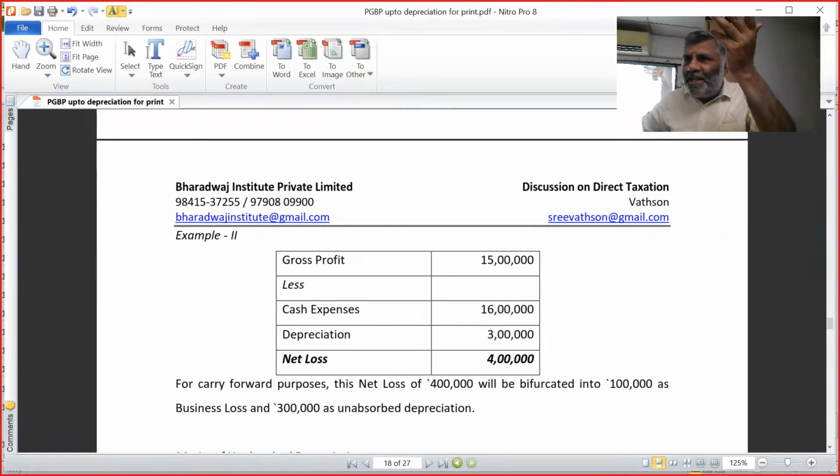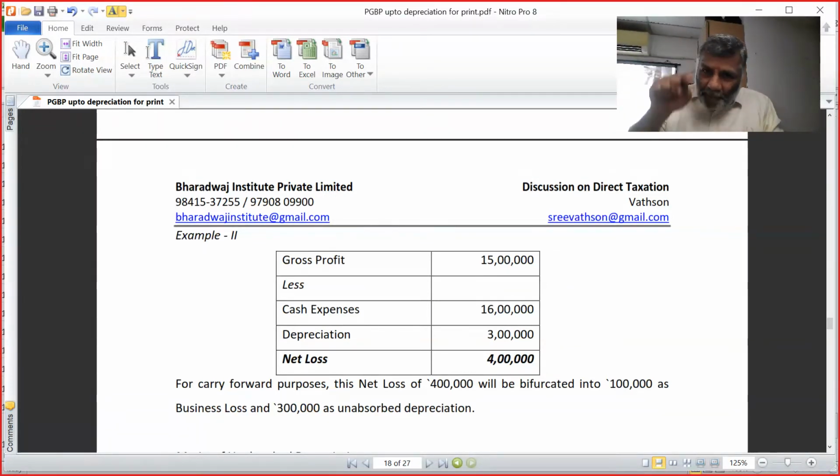Unabsorbed depreciation is not mentioned in sections 70 to 79. Unabsorbed depreciation is mentioned in section 32. So chapter 6 losses, chapter 6 is set off. But this is in chapter 4.